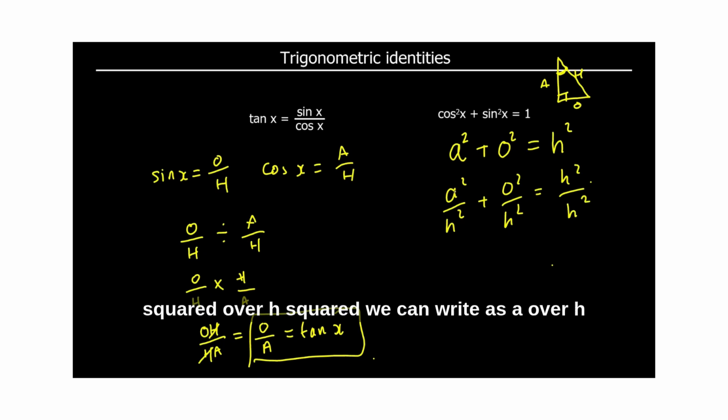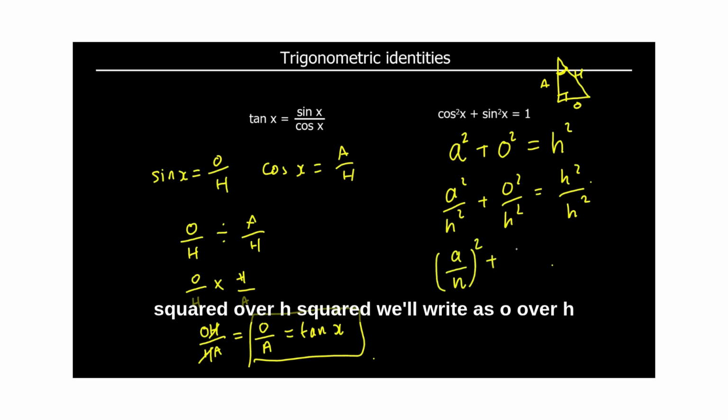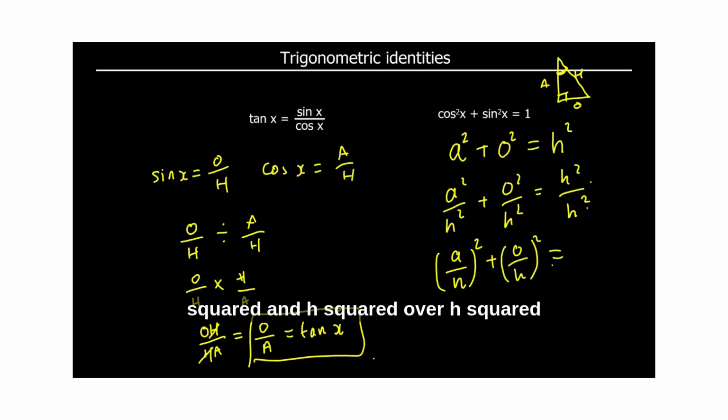And a squared over h squared we can write as a over h, squared. O squared over h squared we'll write as o over h, squared. And h squared over h squared, that's 1. So a over h, that's cos. And when cos is squared, we don't write cos x squared, we write cos squared x.